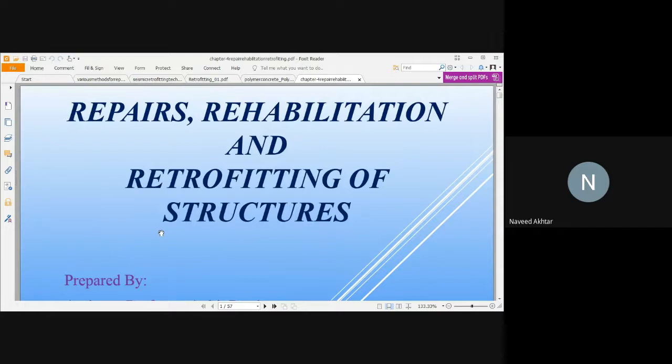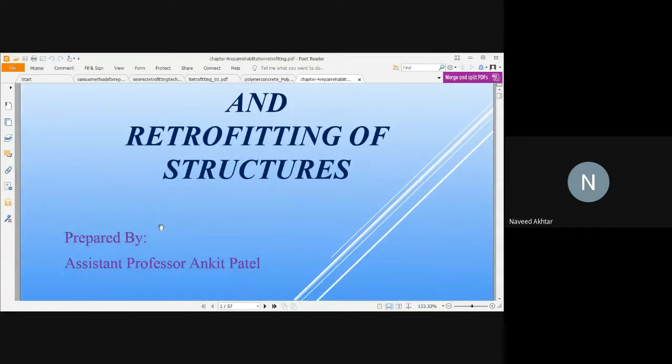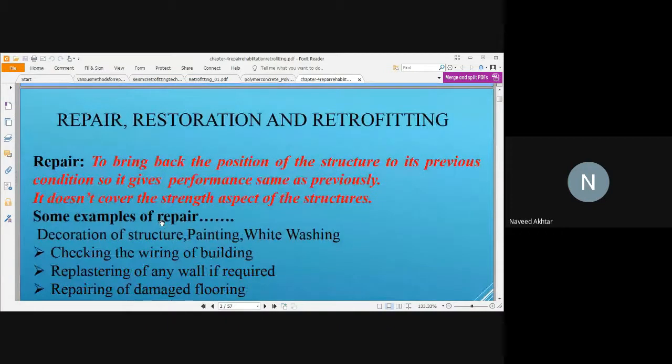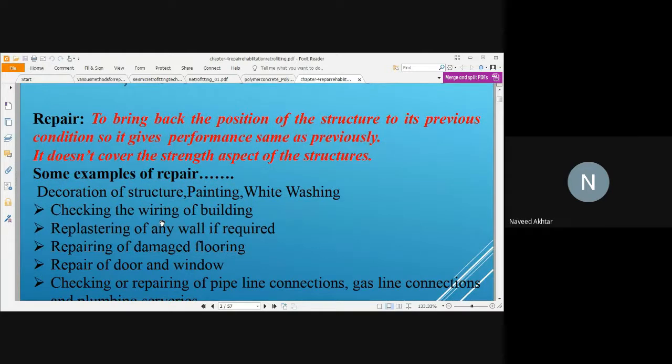On this topic of repair, restoration and retrofitting of the structure, many such documents, presentations, PPTs and video lectures are available on the internet. You can use them and benefit from them.